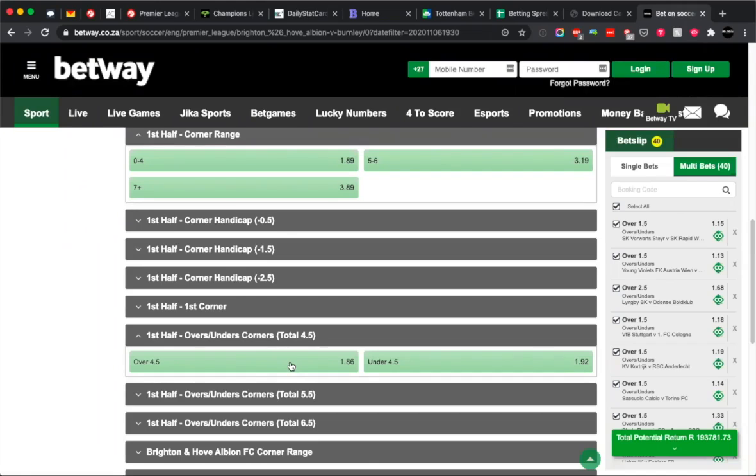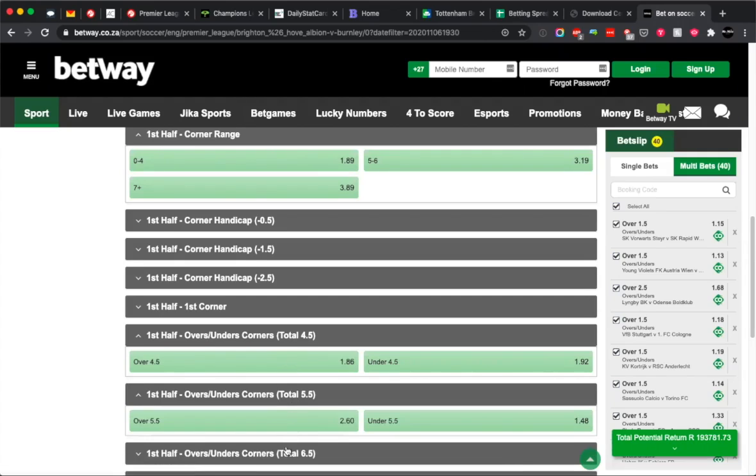That's the power. I don't really want to call it the power, but this is the possibilities that you have with corners versus with goals. A team that takes a lot of corners, like I said, will obviously concede quite a few. It's just generally how it works. So the odds for them to have over 4.5 corners in the first half may look high, but a team that generally takes a lot of corners will be able to cover that odd.